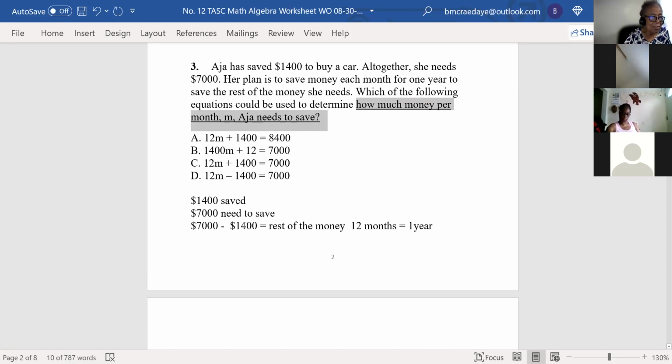What's 7,000 minus 1,400? That's 5,600. That's right. Very good. Now, if she's saving that over a year, what would you do with that 5,600 to find how much she needs to save per month? You would divide.